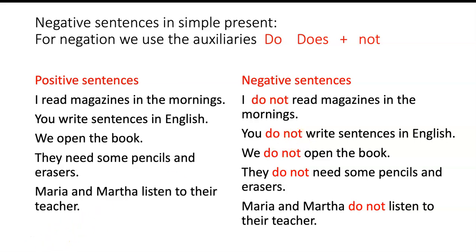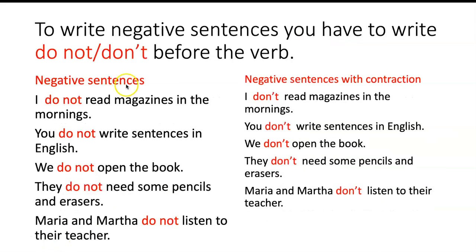Okay? Now here. To write negative sentences, you have to write do not or the contraction don't. These are the same. You can write the full form do not or the contraction don't before the verb. Okay? Puede escribir de esta manera o puede hacerla chiquita, contracción de esta manera.